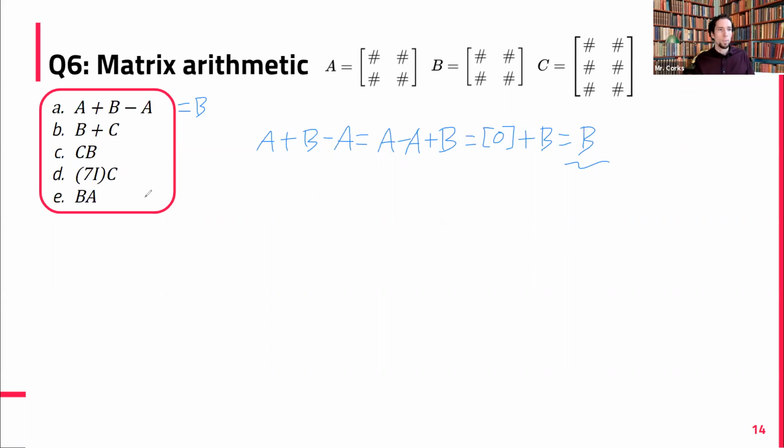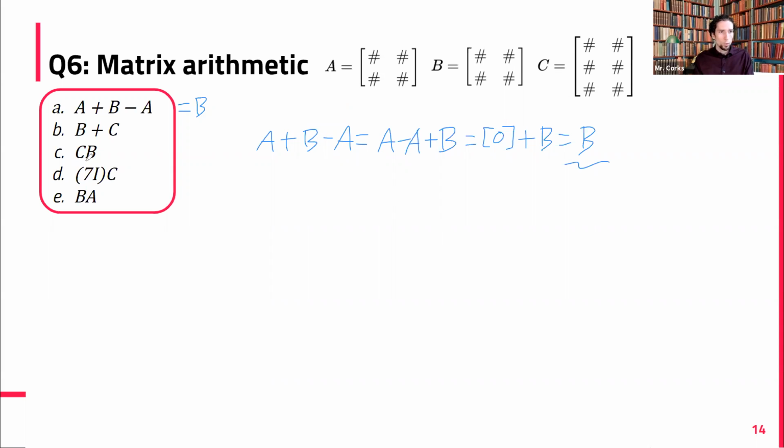The result is B. So A and E, most people were okay with. When I saw mistakes with A, it was because people wrote minus A, but when they did the actual operation, they were adding here, or they tried to add C or something. They didn't use A for the 3rd value there.